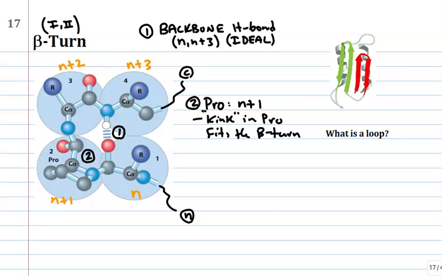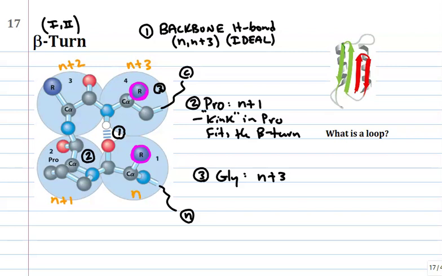Well, the third issue is glycine is usually in position N+3. So this is issue number 3. So let's look at this. Here's a side chain from the amino acid in position N+3. Here's the side chain in the position N of the turn.